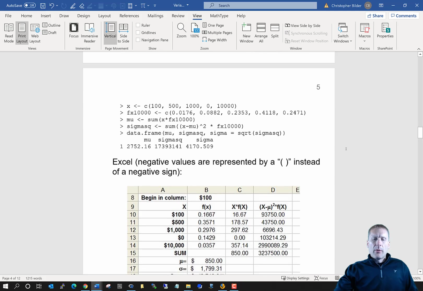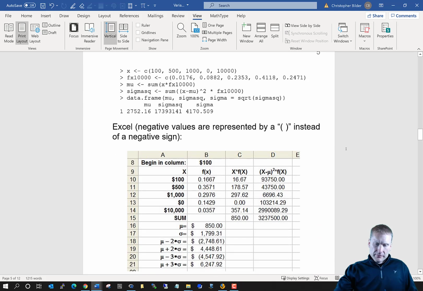Now, let's talk about how we can do these calculations in R. So what I could do is simply create a vector that has all my possible values of my random variable, 100, 500, 1,000, 10,000. Then create a vector that has all the corresponding probabilities. And then, how about we take each of the x's times its corresponding probability.